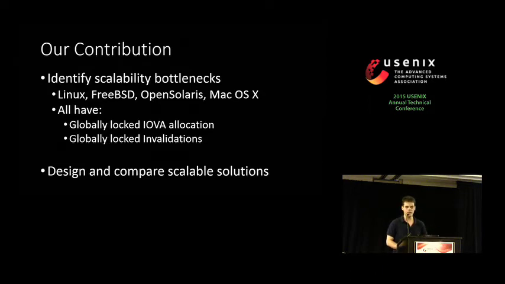And all of them have to carry out invalidations after they do an unmapping, and we'll talk about invalidations in just 1 minute. And after we've explained why these bottlenecks exist, we'll try and present one solution for the invalidation problem and 3 designs for IOVA assignment, and we'll try and compare them with one another.